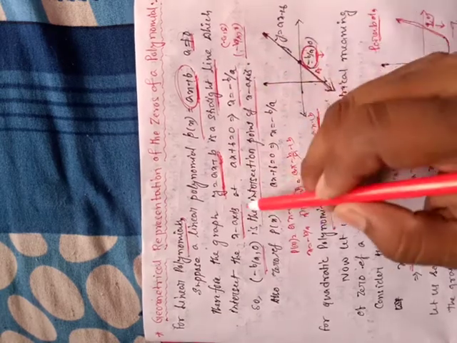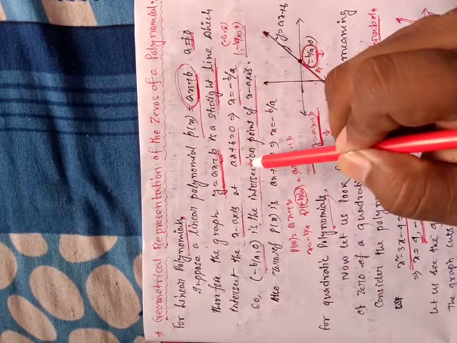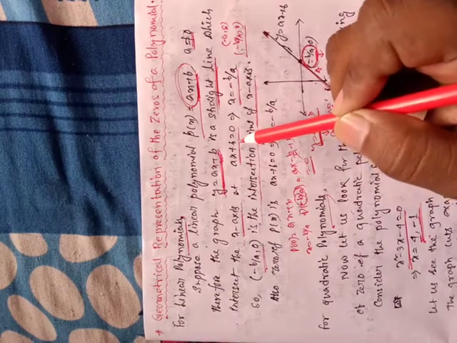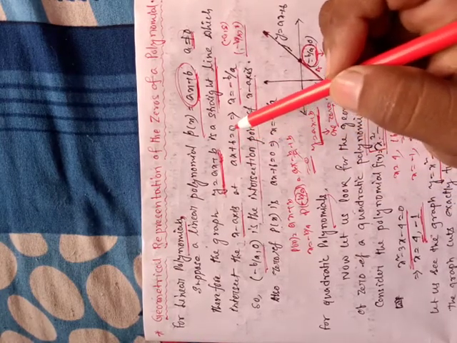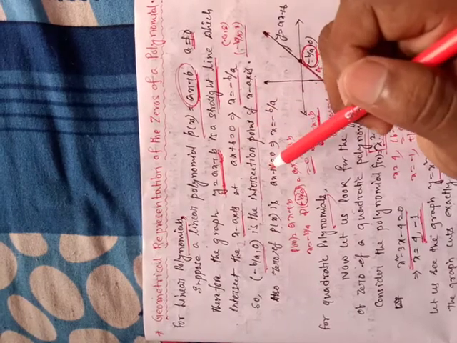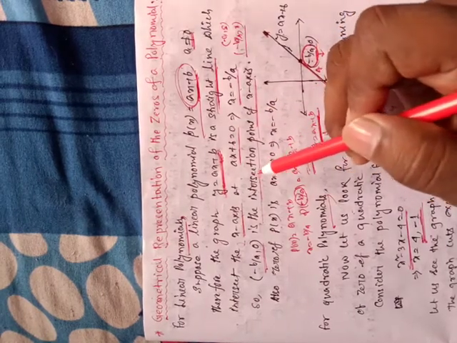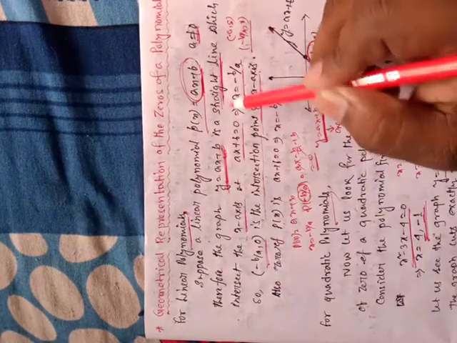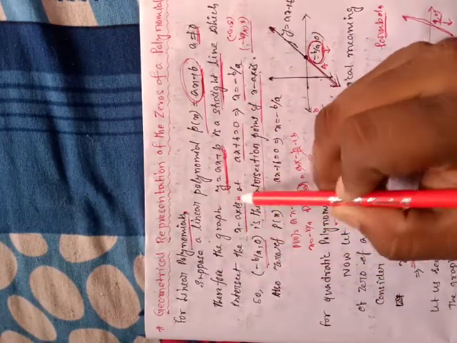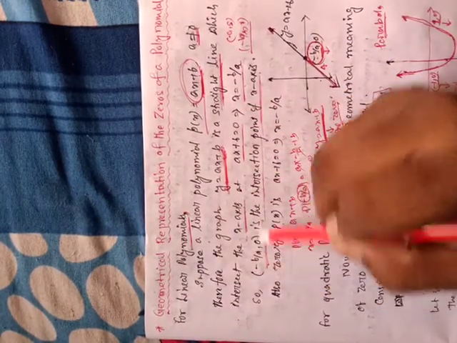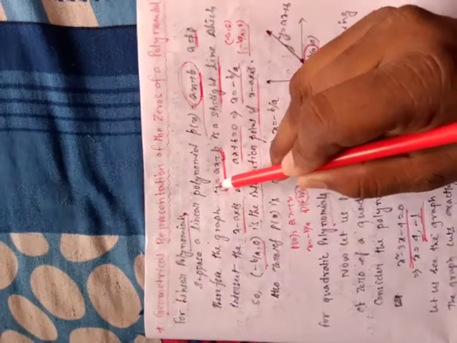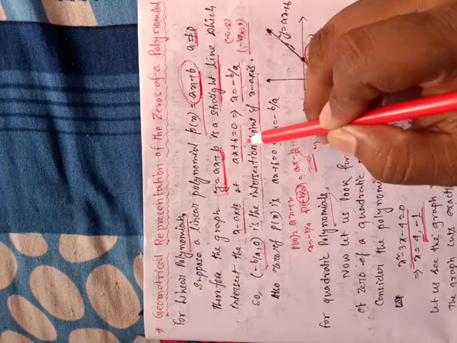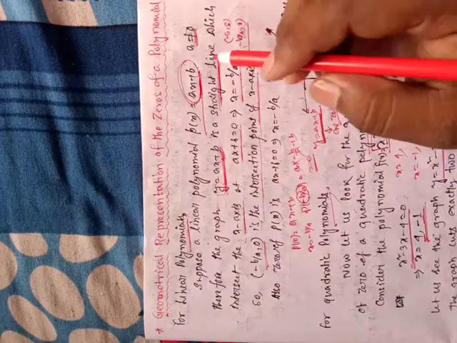So let's see where this straight line cuts the x axis. Now when a line cuts the x axis, then the y coordinate should be 0. So for that let ax plus b equal to 0, because for y equal to 0 we will get the value of the x coordinate at the intersection.